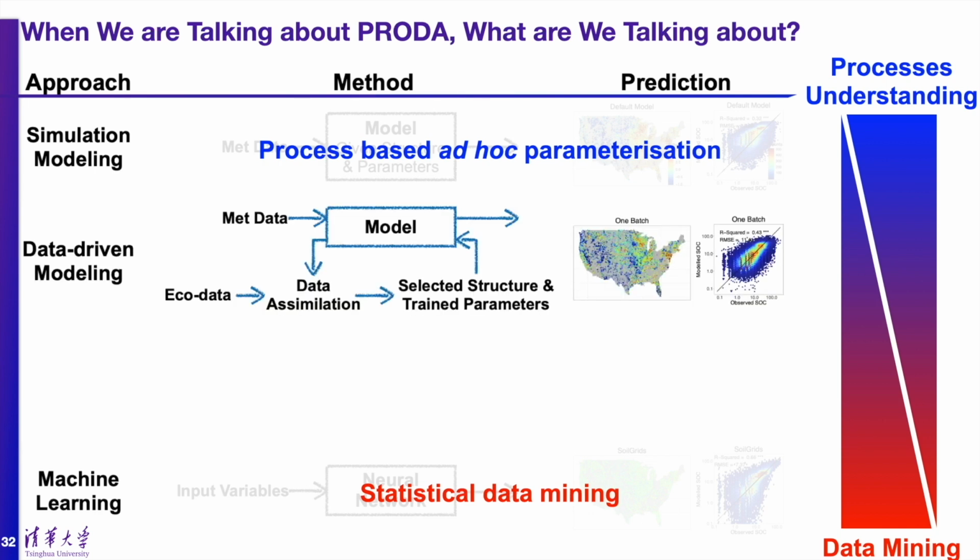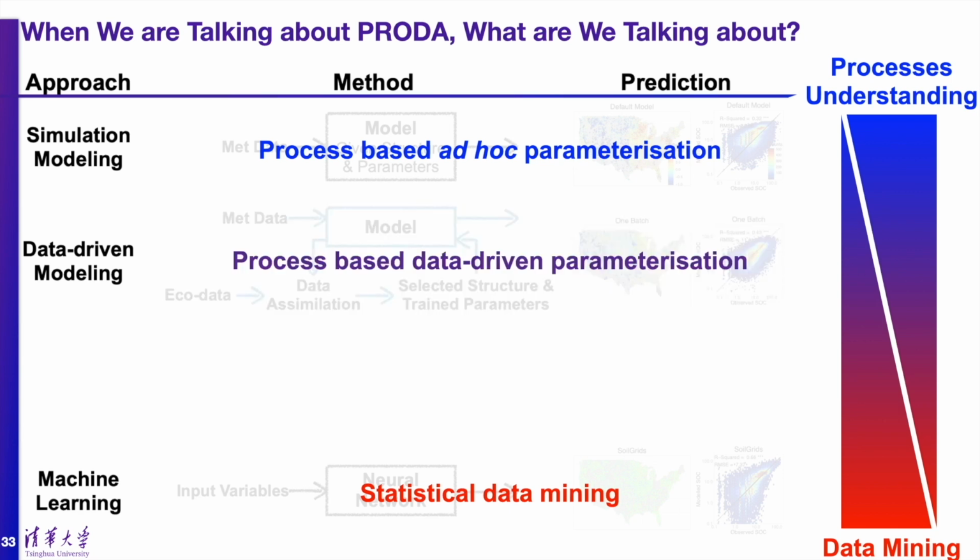Throughout the second part of this training course, I believe you have learned how to use conventional data assimilation to improve model simulation performance. We call this the process-based data-driven parameterization.